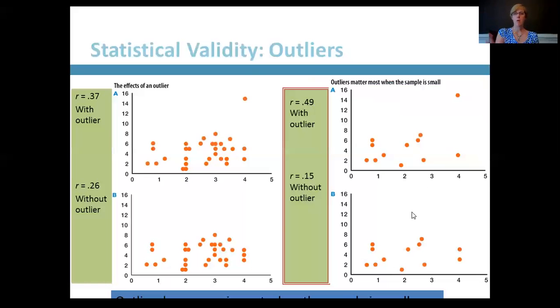So outliers have a much bigger impact on your data set when it's a small data set. If there's more people in your data set, the impact is still kind of a big deal. If I had 1,000 people down here, but one little outlier, taking that out probably wouldn't have changed it much. Okay, so sample size absolutely plays a role in effect size.